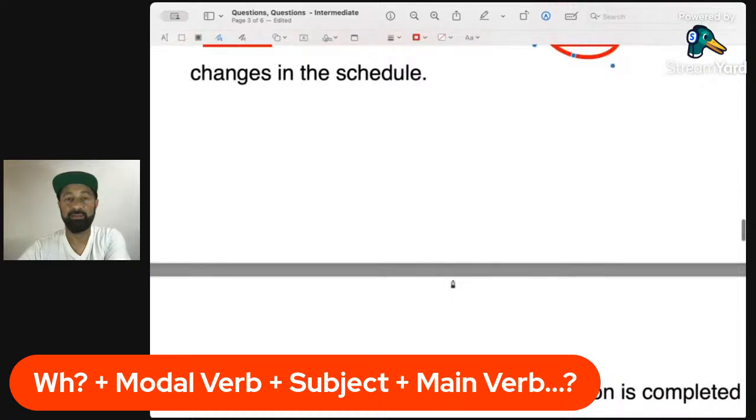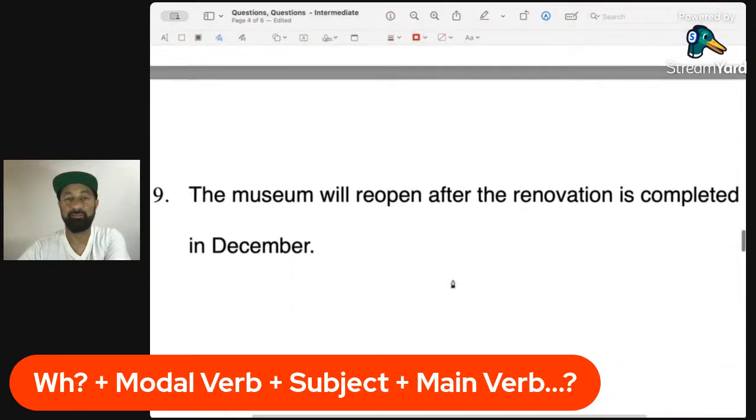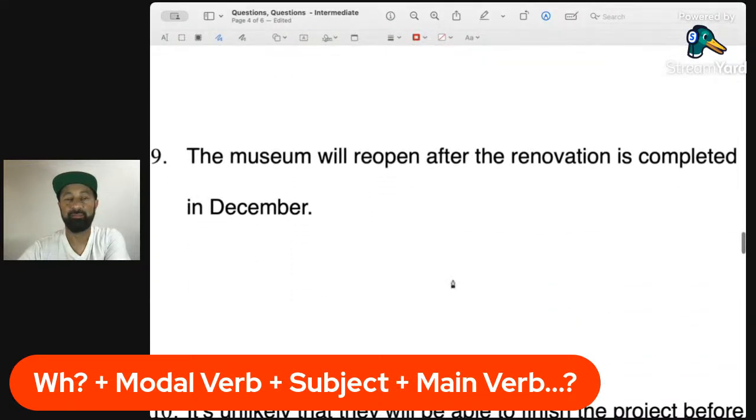Okay, let's look at number 9. Will is a modal verb. Okay, so the museum will reopen after the renovation is completed in December. Reopen is my main verb.